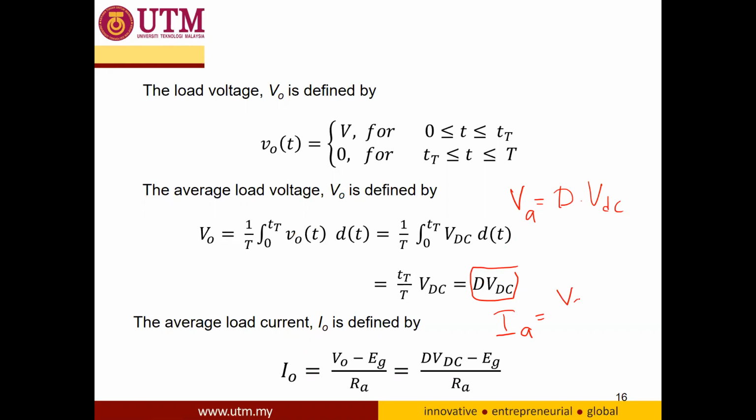It is VA minus EA over RA, where VA is D VDC, minus the back EMF, over RA. So these are two equations, and we get the VA equation and the IA equation.